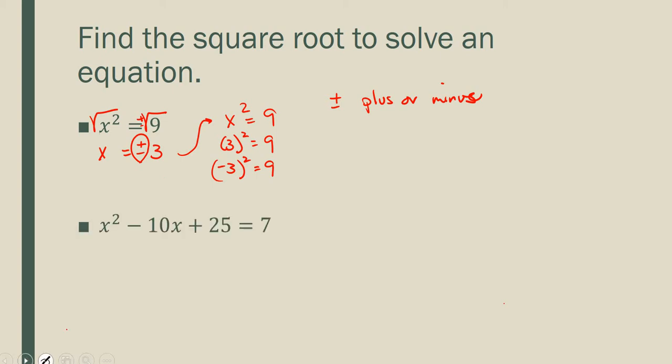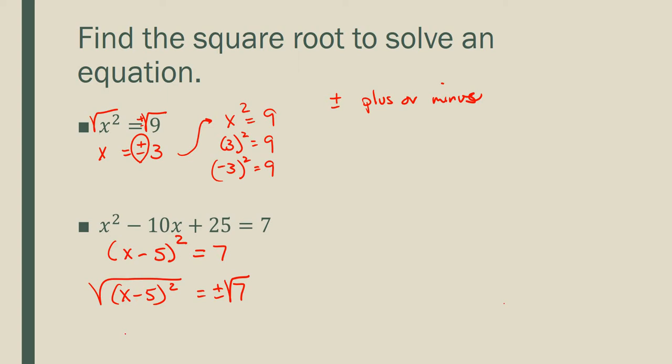So how does this help me with a quadratic? Well, going back to our perfect square trinomial pattern, if I factor this to x minus 5 squared, that's our special pattern, equals 7. Now I can take the square root of both sides. The square root of anything squared is itself.